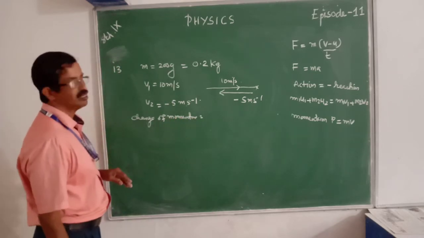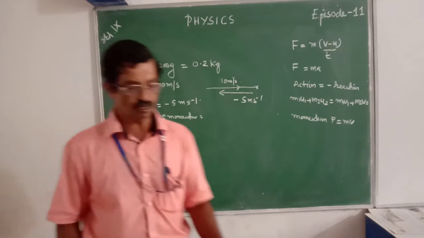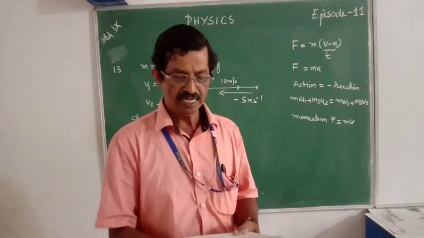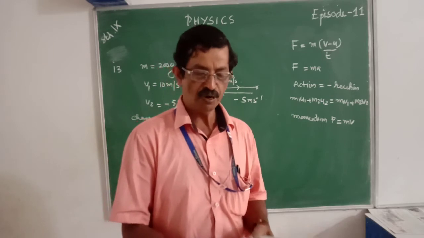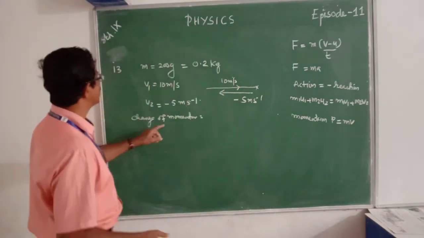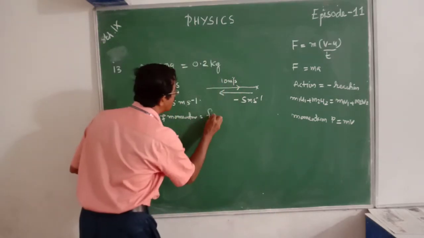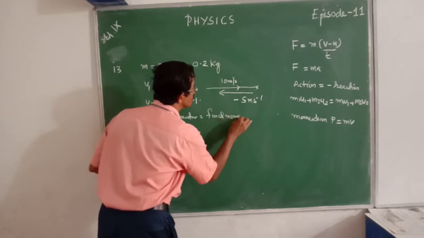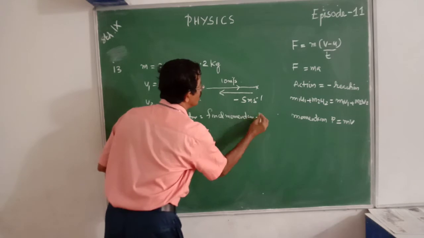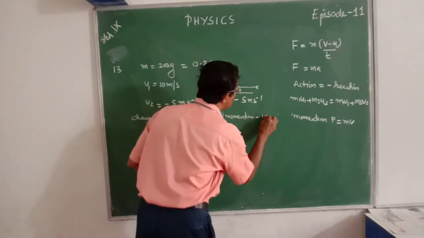How do we get the change of momentum? What we want to find out is the change of momentum. See, change of momentum is equal to final momentum minus initial momentum.